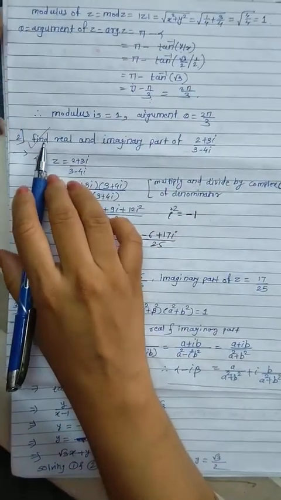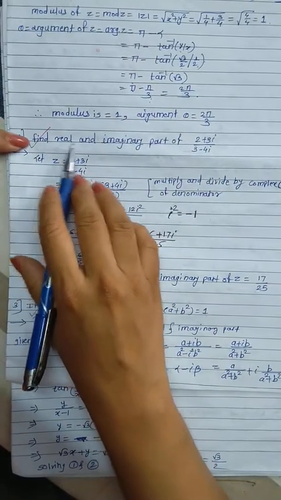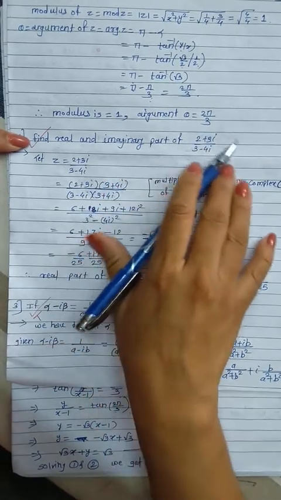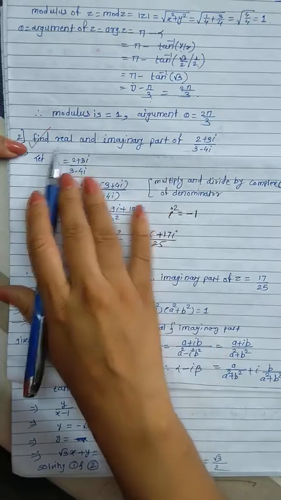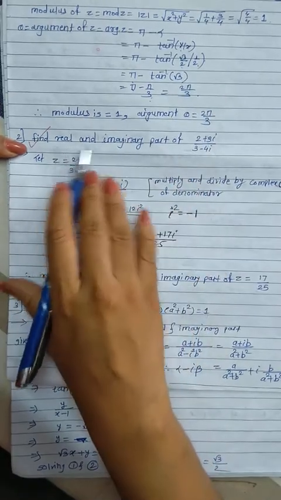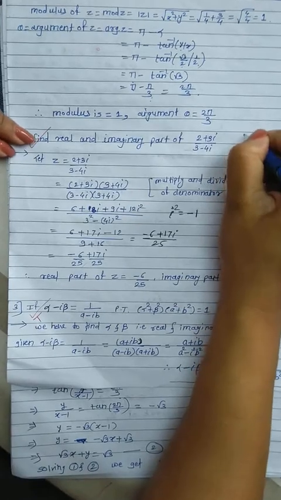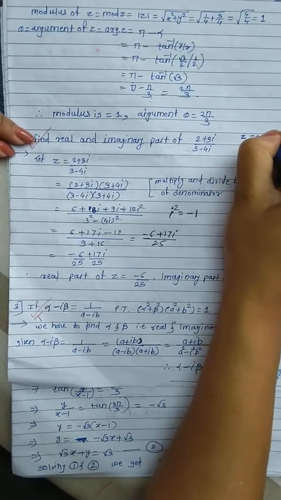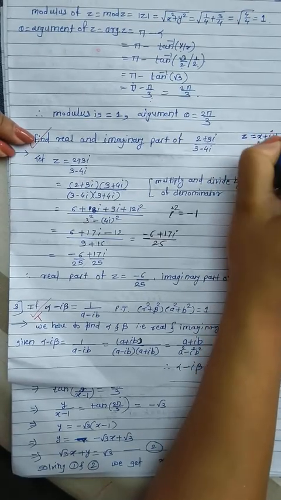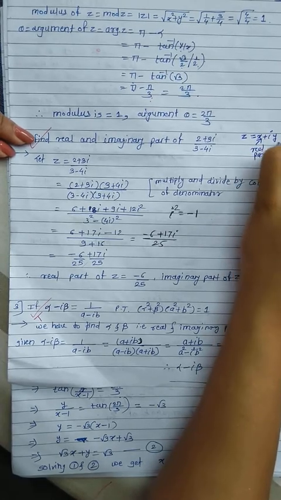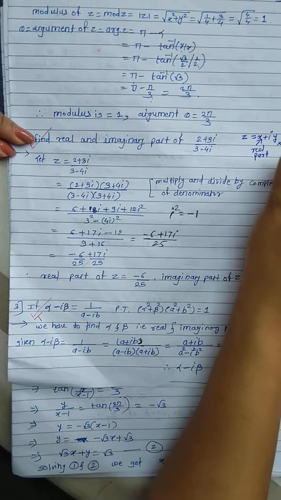Now consider the second example. Find the real and imaginary part of this number. This is one complex number because i is there, and we have to find out the real and imaginary part. As discussed earlier, if z is equal to x plus iy, this x is called the real part and this y is called the imaginary part.